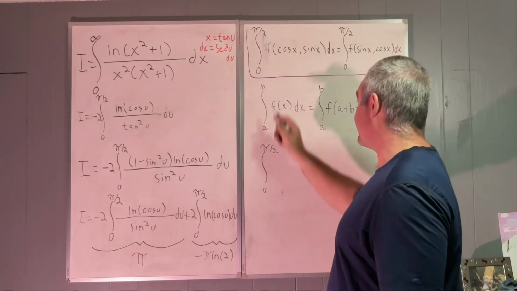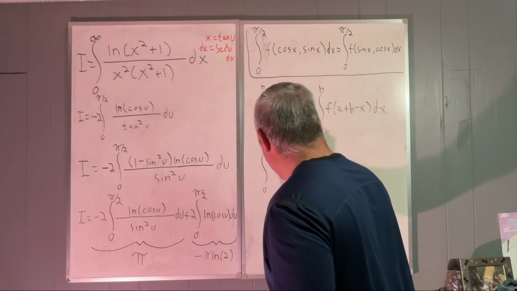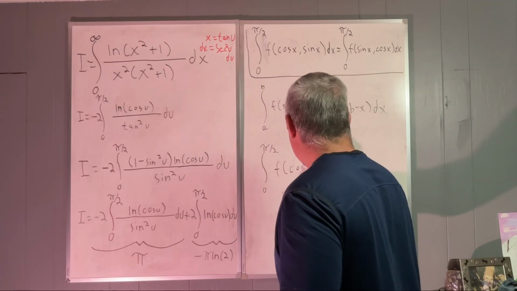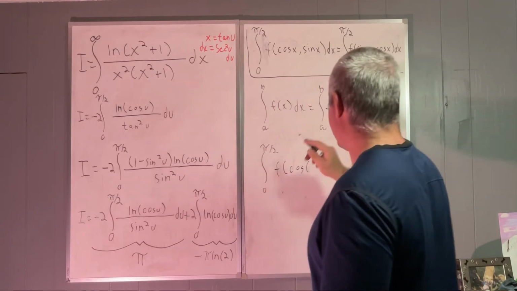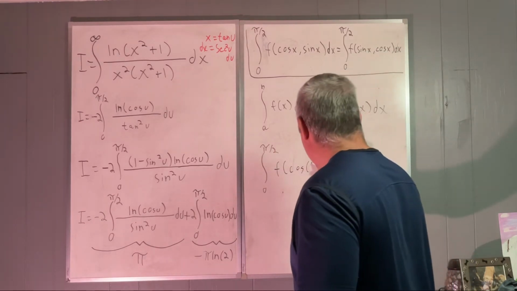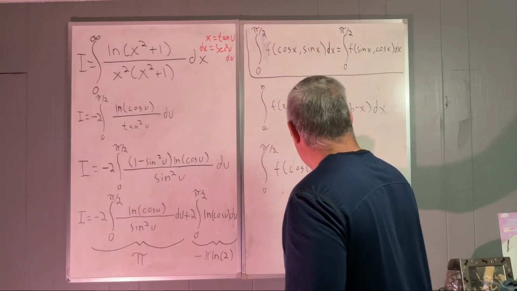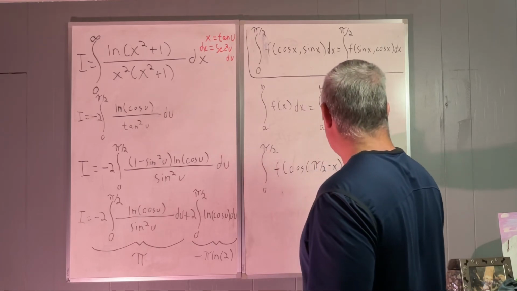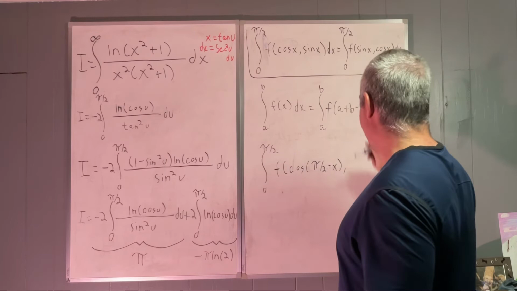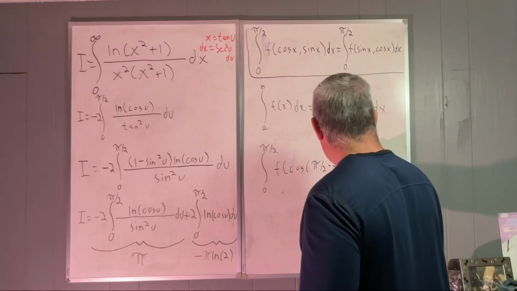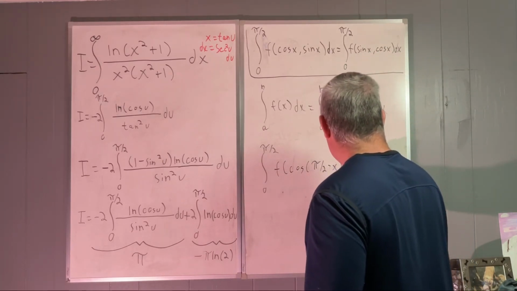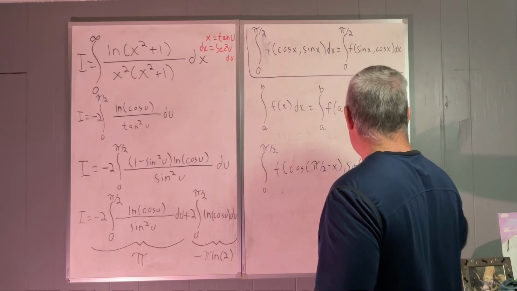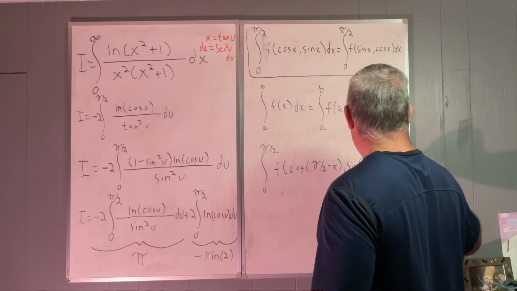So we have the integral from 0 to pi over 2 of f of cosine of, a plus b is pi over 2, pi over 2 minus x, and sine x, which we change to sine of pi over 2 minus x, dx.